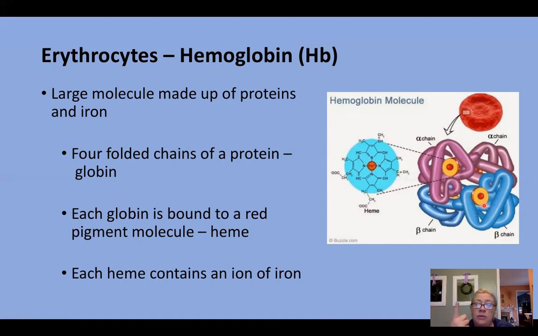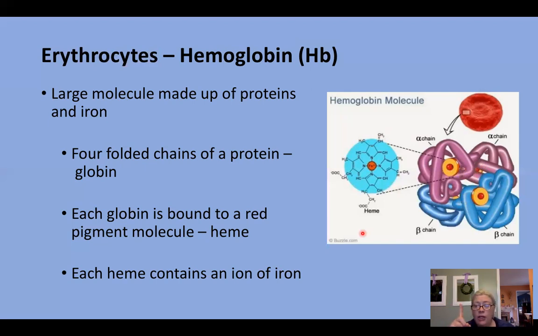So if each hemoglobin molecule has 4 polypeptide chains, and each chain has a heme pigment, each hemoglobin molecule is going to have 4 hemes. Now, in the center of each of those 4 hemes, there is going to be an ion of iron. So there would be one here on this chain, one on this one, on this one, and one on this one.